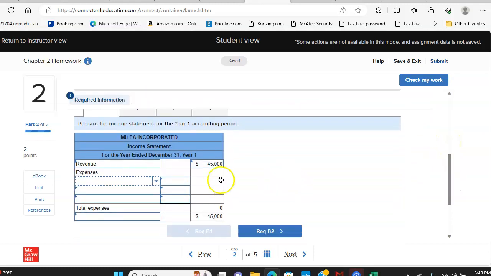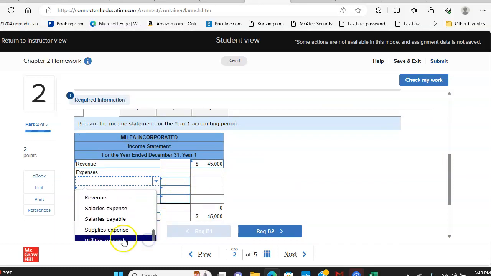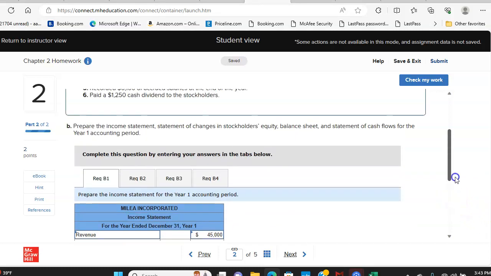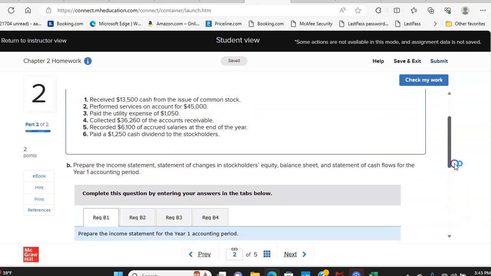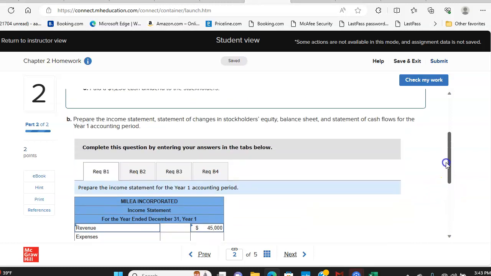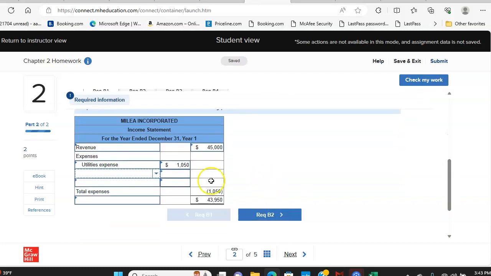So on your expenses, you should have utility expense. That's fine, utility expense. There it is. And that amount was $1,050. And next we have accrued salary, which is going to be salary expense.